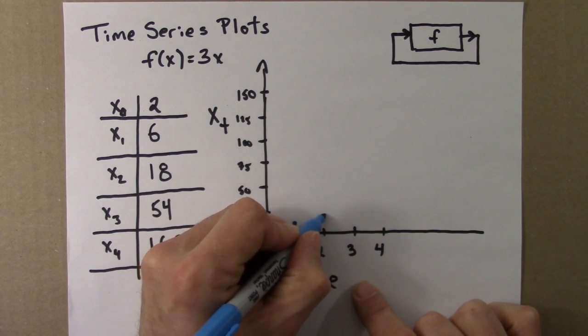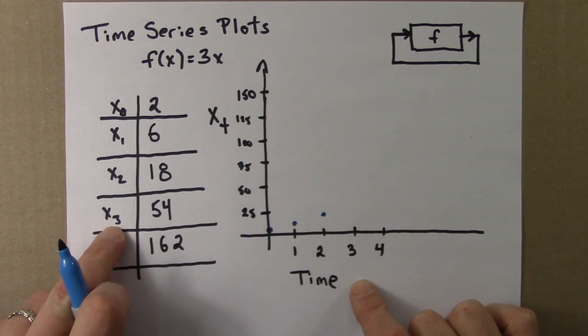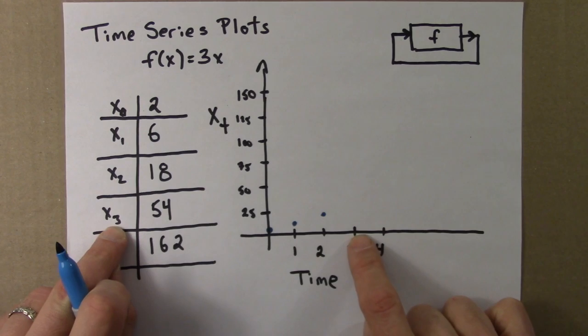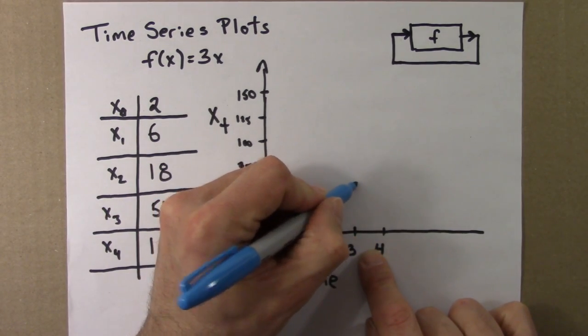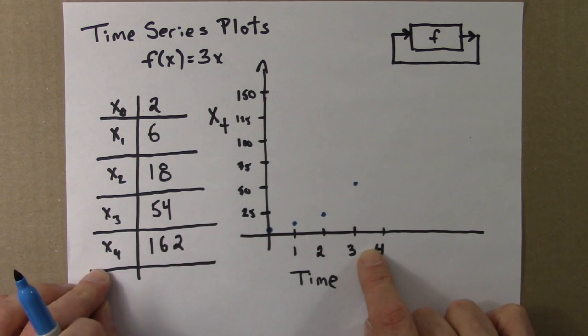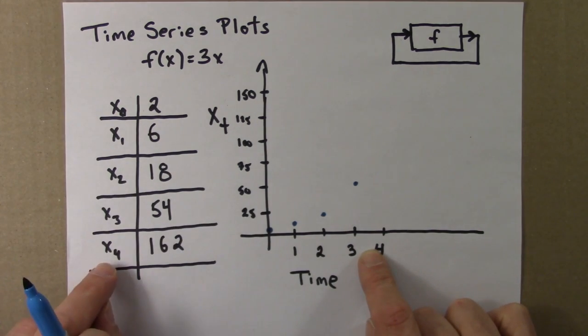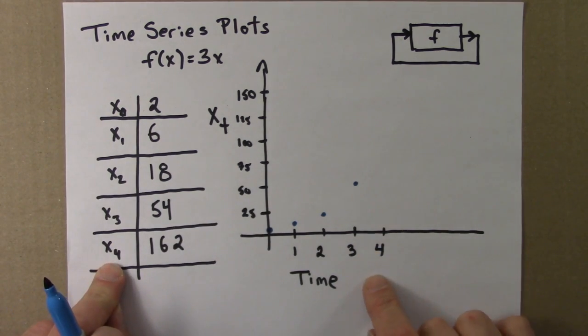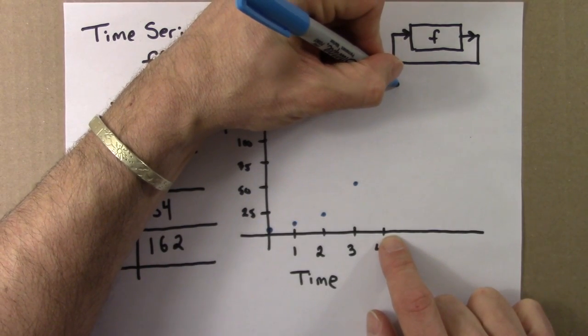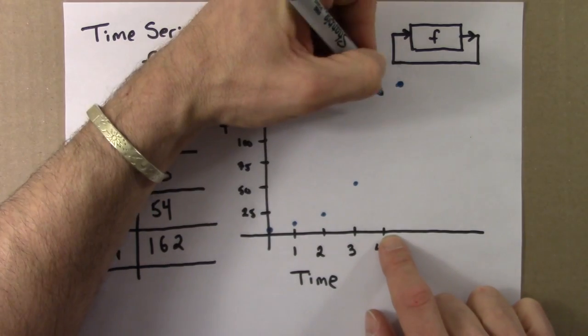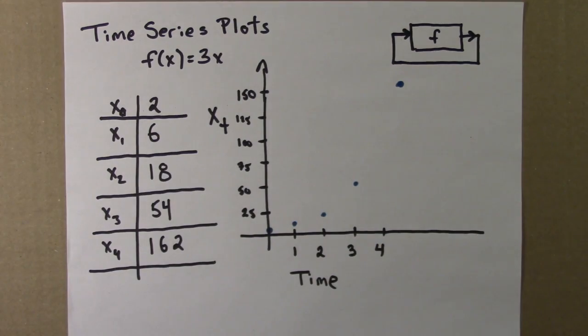That's maybe up here. The time is 3, iterate number 3, all the way up to 54. Maybe that's here. And then the last one in this part of the orbit, when time is 4, the fourth iterate, I'm all the way up at 162. So this would be my time series plot.